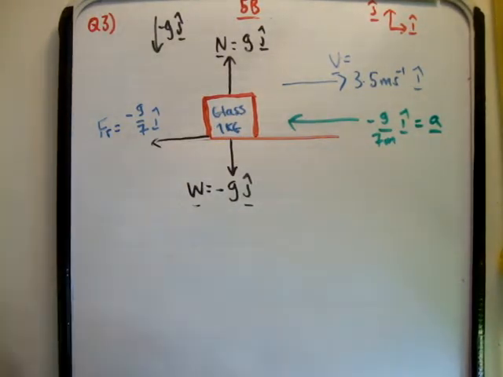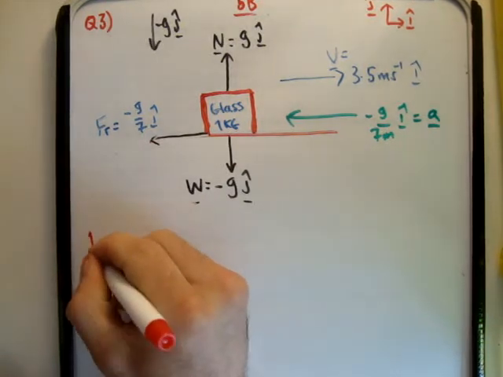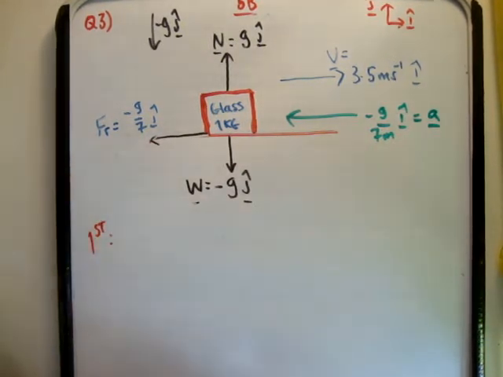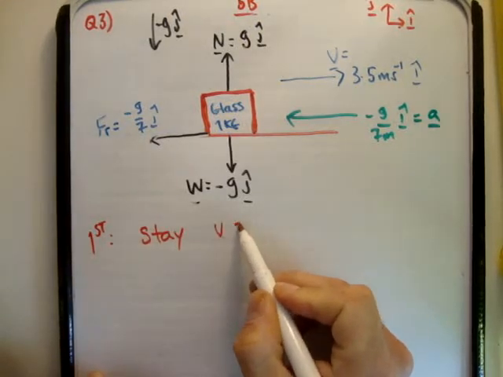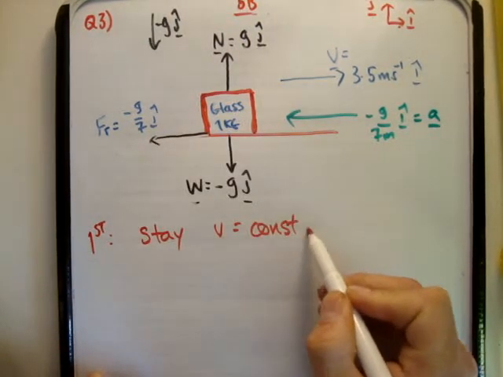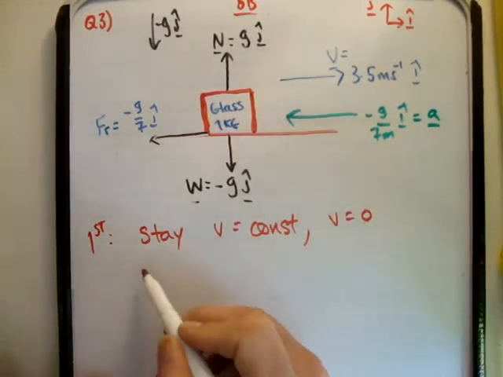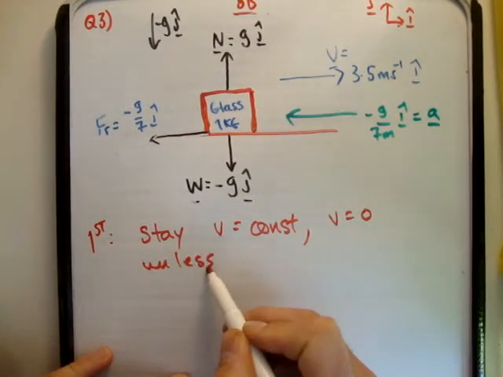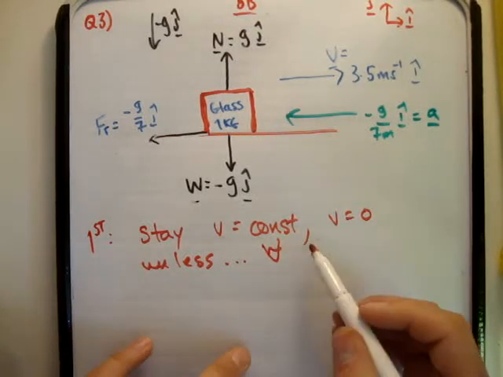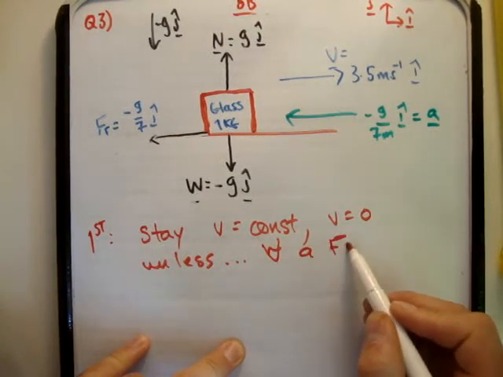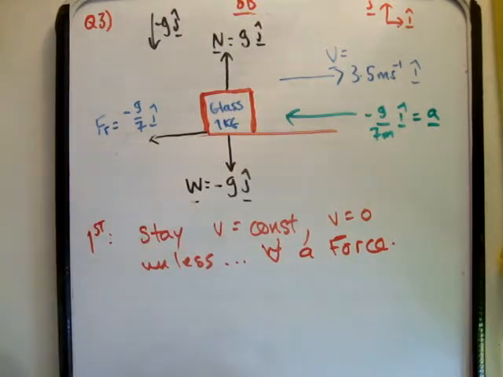Now here comes your knowledge of Newton's first law. He said that a body will stay at v equals constant, or constant velocity, or at v equals 0, unless there exists, that's the symbol for there exists, a force. Alright?